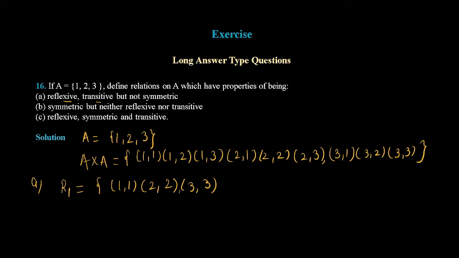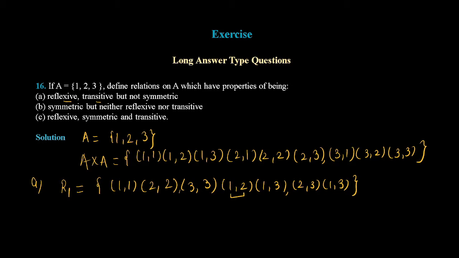So we have to add something here to make it not symmetric. Suppose I'm adding here (1,2), (1,3), and (2,3). Now after adding these elements, (1,2) is there, but (2,1) is not there. So that means it is not symmetric.